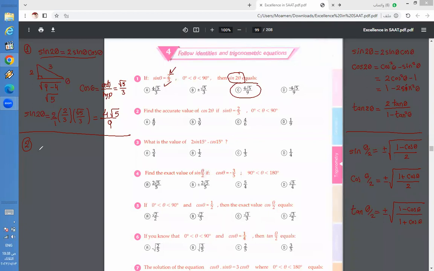Yes, mister. I can't hear you, mister. Can you repeat? The rule for cosine 2 theta. Cosine 2 theta equals what? Cosine 2 theta is at the right.